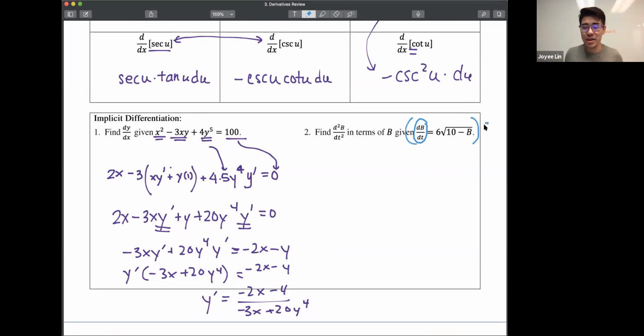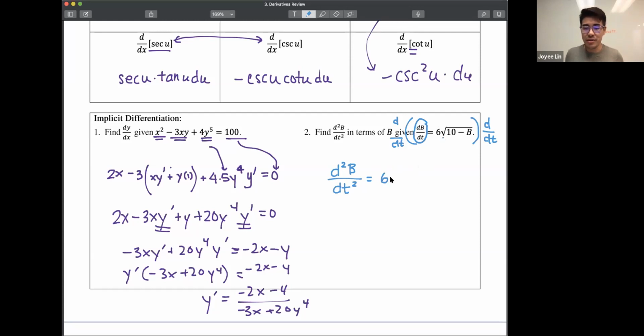Well, what are we gonna do? Let's attack both sides by taking the derivative with respect to t, right? And if we take the derivative of the left-hand side with respect to t, we get this notation, right? d squared b over dt squared. This 6 is a constant, stays out in front.